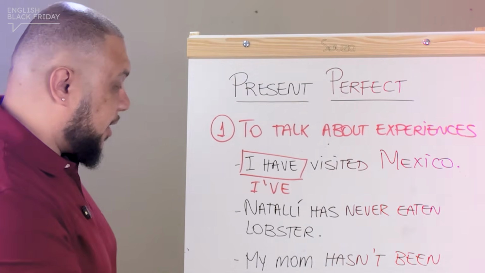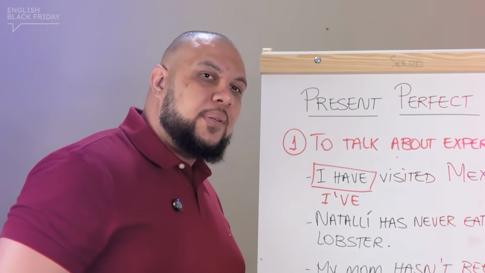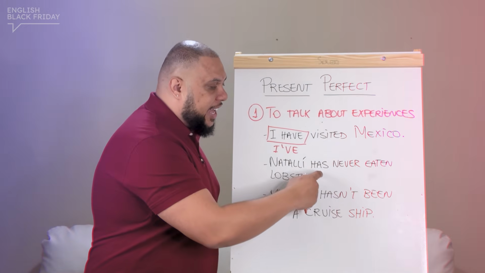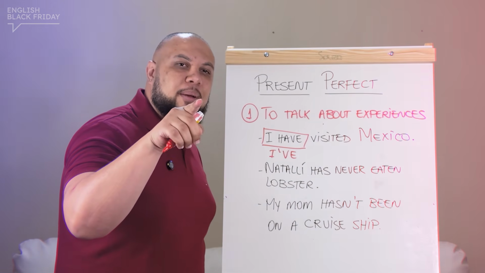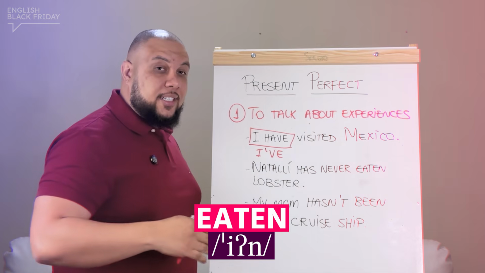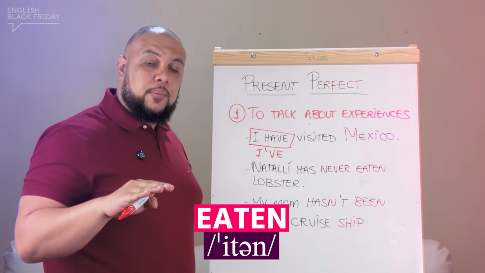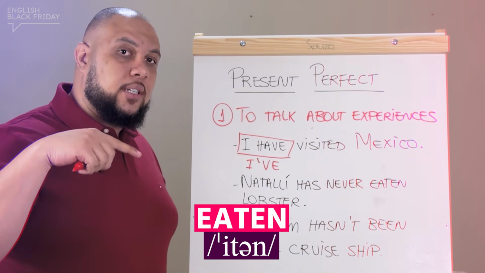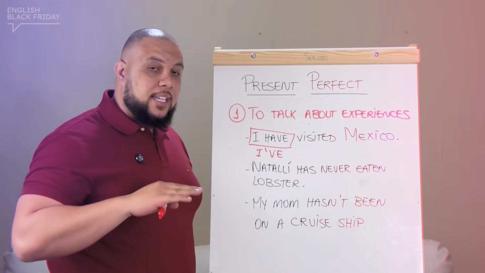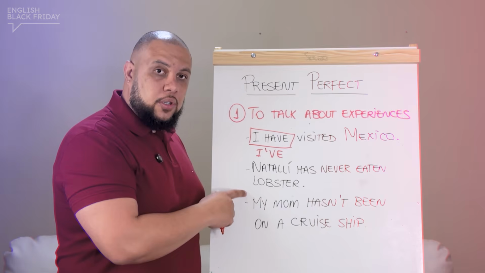Take a look at the second example. Natallí, the woman behind the camera. Hi, Natallí. Natallí has never, how do you pronounce that, babe? Eaten. Very good. Well, you can say eaten, no problem, but it's more common in America to say eaten. So Natallí has never eaten lobster.